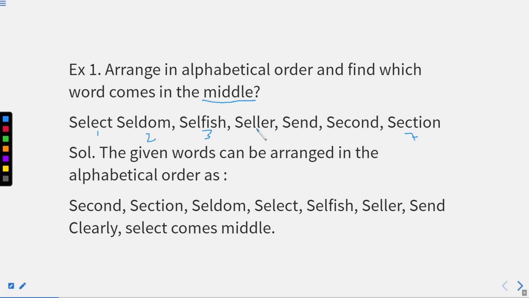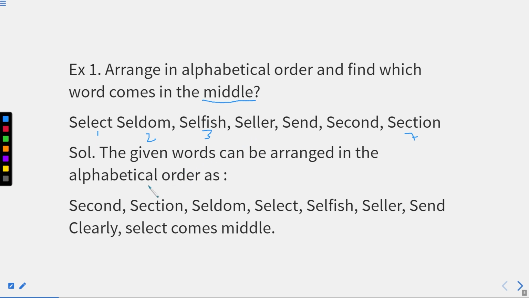So here is the difference, and with the help of the difference we are able to figure out the order. The alphabet having an earlier place value will appear first, and the one with a place value after that will appear second.